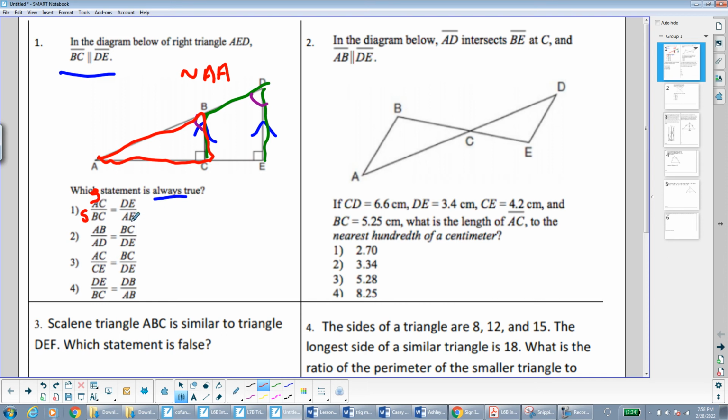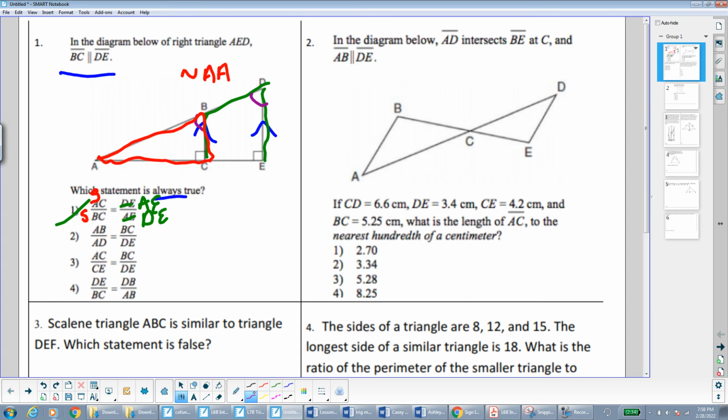And here should be the side from the big triangle corresponding to BC. If I take a look at AC, the side corresponding to AC on the big triangle is AE. So in order for this to be true, this should say AE. And the side corresponding to BC on the big triangle is DE. So in order for this to be true, this should say DE. So this is not correct. It is an incorrect proportion.